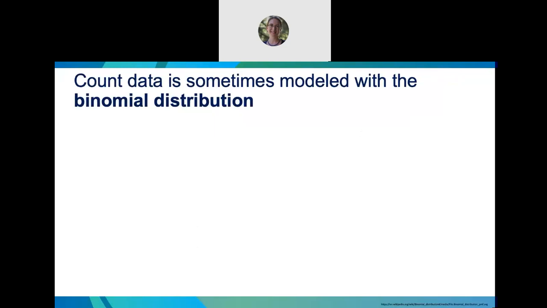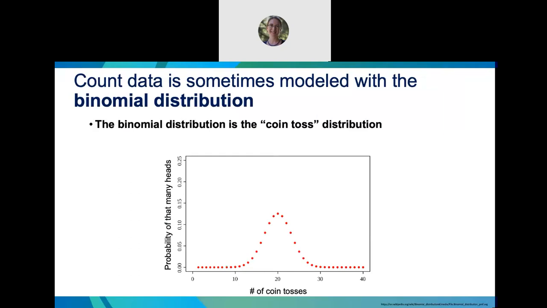Sometimes count data is modeled with the binomial distribution, which can be illustrated by the probability of, good point, Felix, getting ahead a little bit of me. So count data is sometimes modeled with the binomial distribution, which can be thought of as the coin toss distribution, or it can be illustrated by imagining the probability of getting heads when you toss a coin a certain number of times.